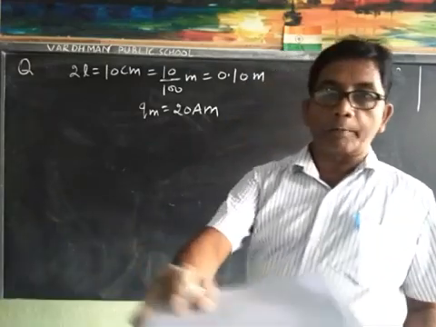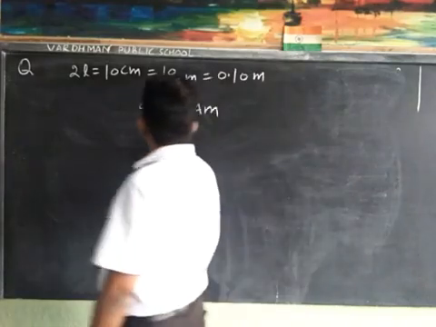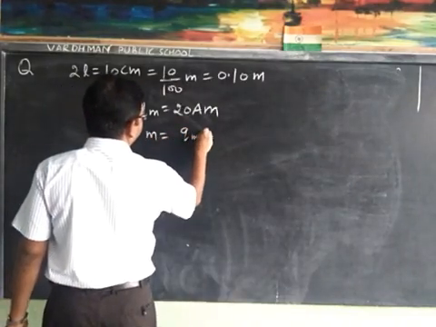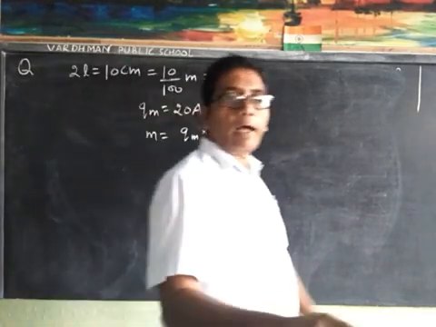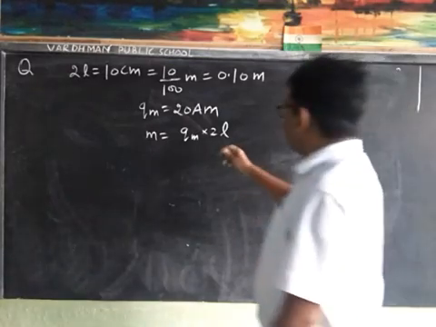We know the formula of magnetic moment: m is equal to Qm into 2L.